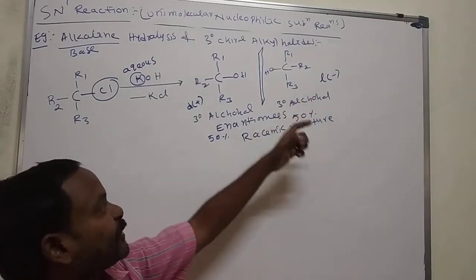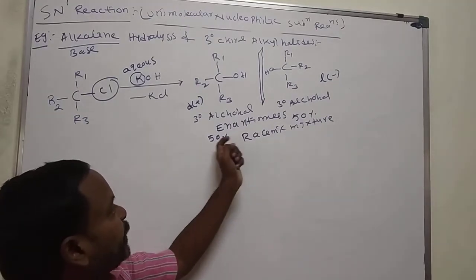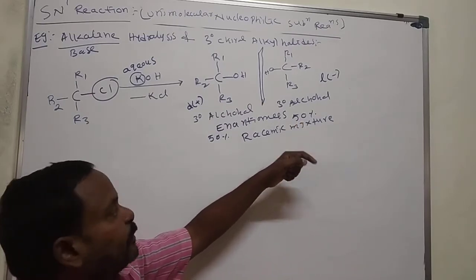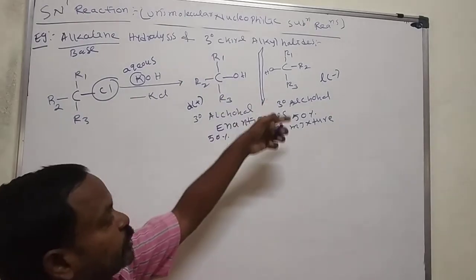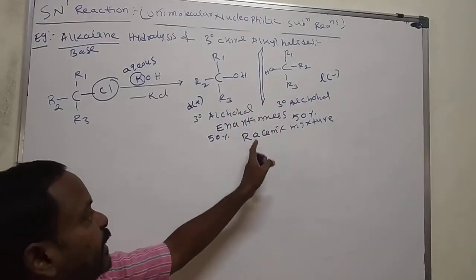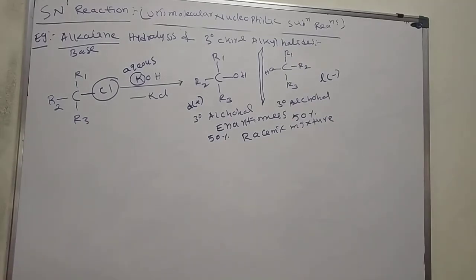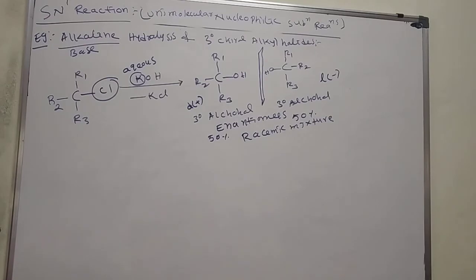These dextro and levoisomers are formed, and here 50% is formed. An equimolar ratio of the enantiomeric mixture is called a racemic mixture. Both together are called a racemic mixture and both are individually called enantiomers. One is the dextroisomer, the other one is the levoisomer. This is a tertiary alcohol, that is also a tertiary alcohol.